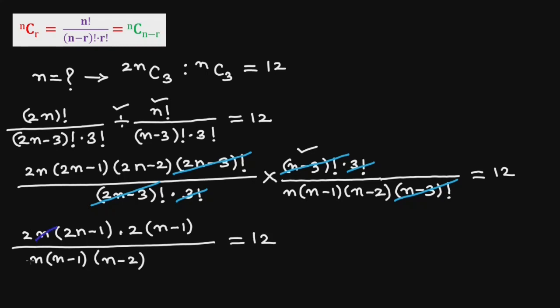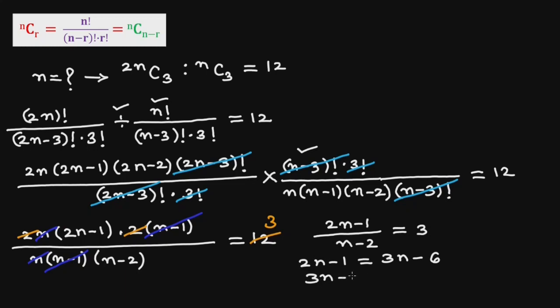We cancel this n and this n minus 1, and 2 twos are 4 and 4 threes are 12. So we get 2n minus 1 upon n minus 2 equals 3, 2n minus 1 equals 3n minus 6, 3n minus 2n equals minus 1 plus 6, 5. Therefore n equals 5. So this is the value of n.